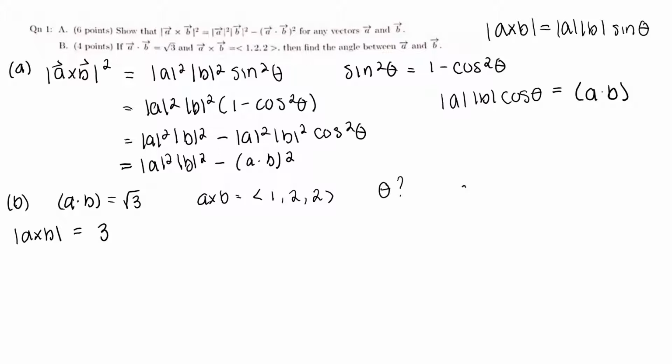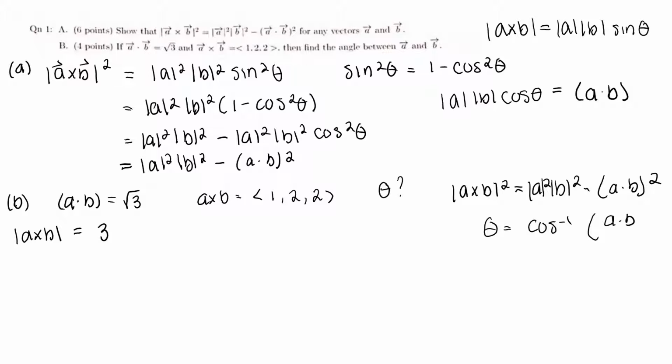Now we know that the magnitude of a cross b squared equals the magnitude of a squared times the magnitude of b squared minus the dot product squared. We also know that to find the angle, we can take the inverse of cosine of a dot b over the magnitudes of b and a.